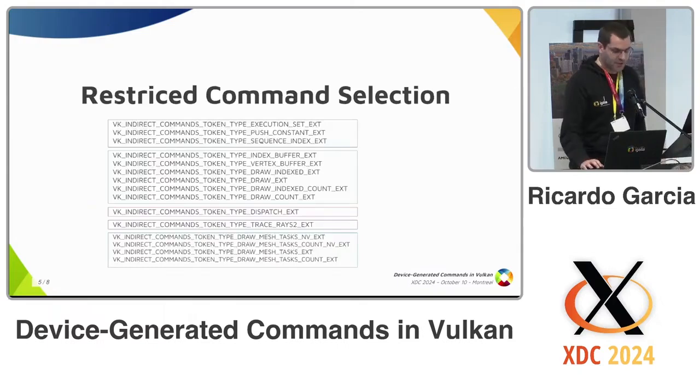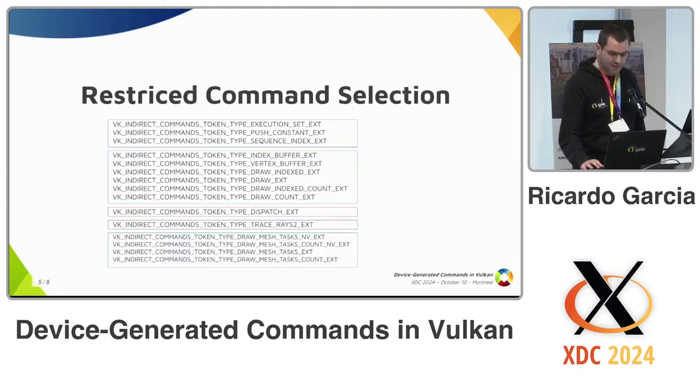The second thing Vulkan does is to severely limit the selection of available commands. You can't just start render passes or bind descriptor sets or do anything that you can do in a regular command buffer. You can only do a few things, and they are all in this slide.